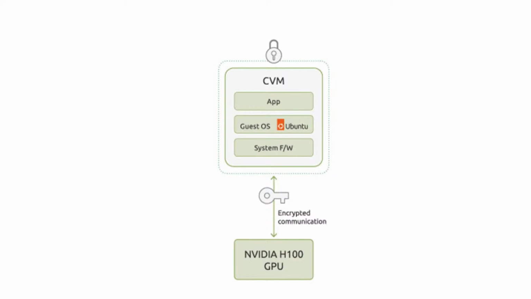This is made possible thanks to NVIDIA H100 GPUs, which allow you to extend the execution environment from the CPU all the way to the GPU. There are some attestation flows which need to happen. We have write-ups about how that should look on our Canonical blog, so please do consult those, or you can simply go to our confidential computing webpage and use the contact form.